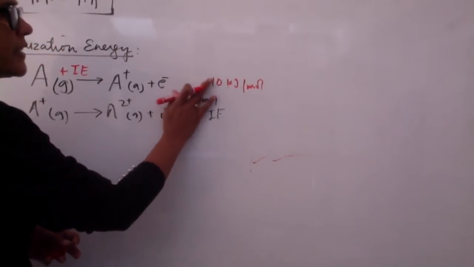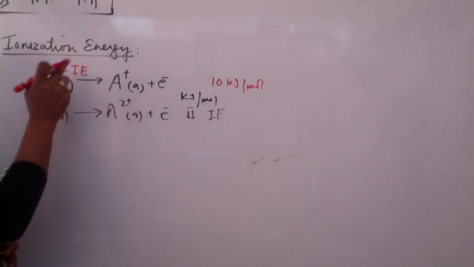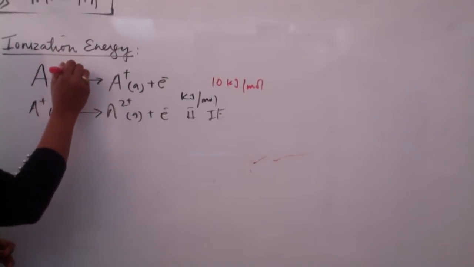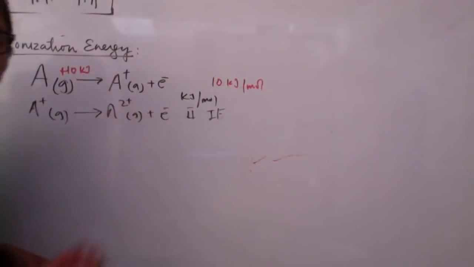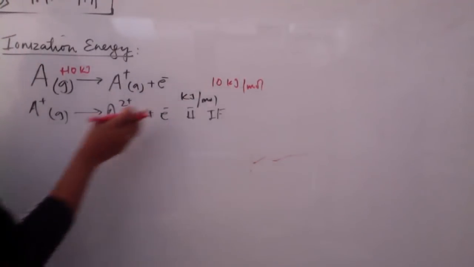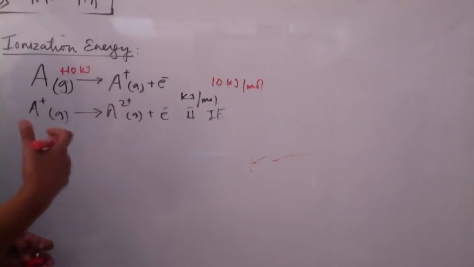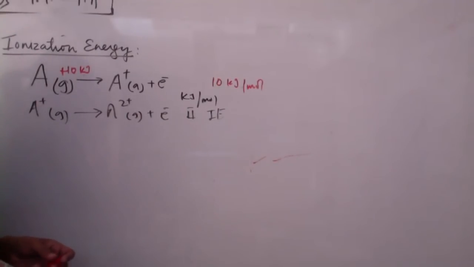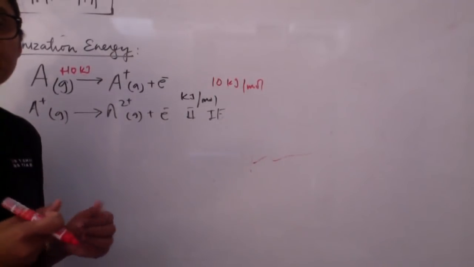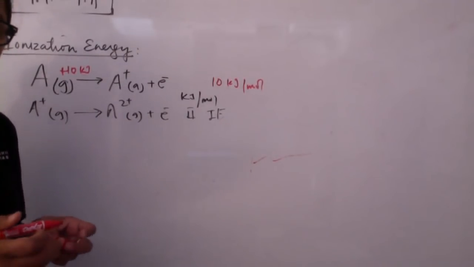If you write it like that, it means the same thing as plus 10 kilojoules here. They both mean the same thing. We are writing it as delta H here and writing it as energy here. But for now, I don't think that's relevant. We'll deal with it when we come to thermochem. All right, Iris?